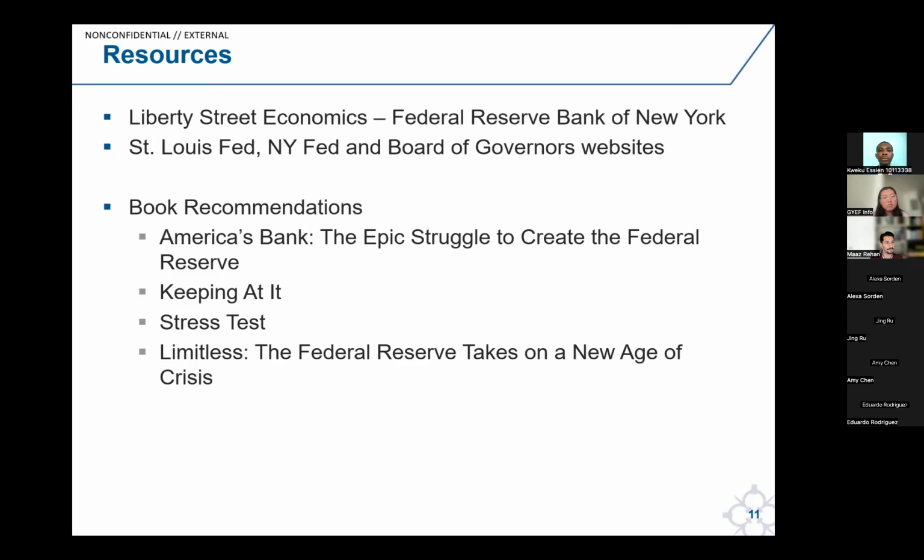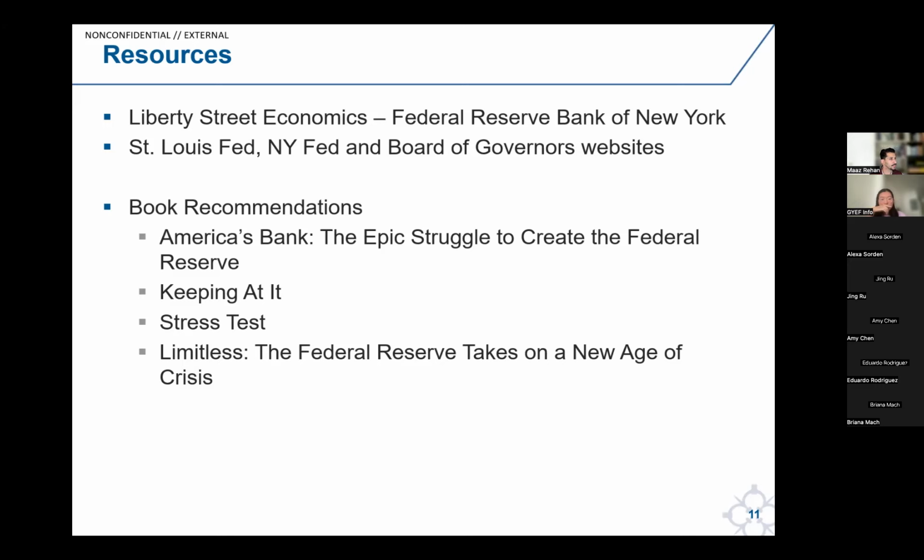Also, a number of Federal Reserve websites, but specifically I would say the St. Louis Fed, the New York Fed, and the Board of Governors website is very helpful for not only different topics, but also understanding if an operation happened, all that information becomes public, and then you can see what operation took place on that day, of how much, and of what actual security. So that's really neat to have that access and to see it kind of real time.